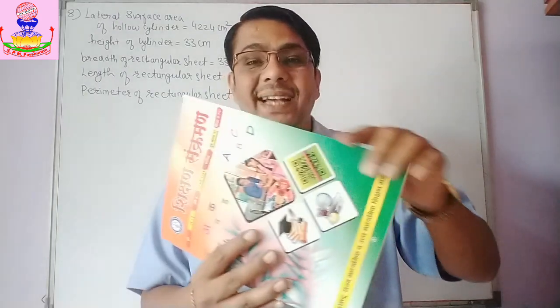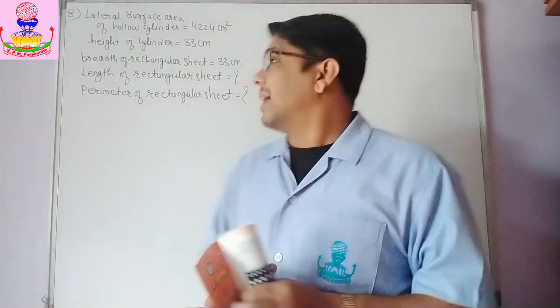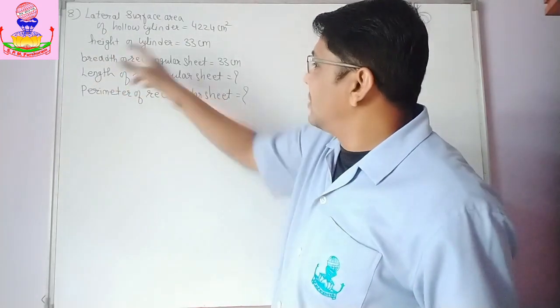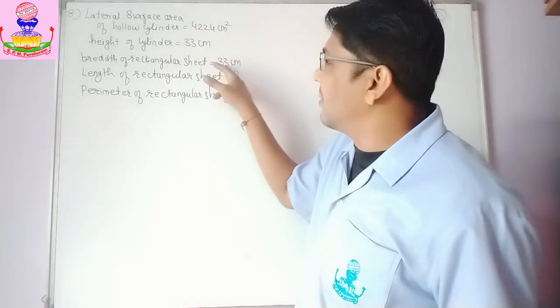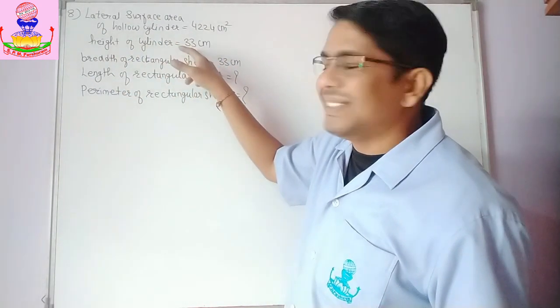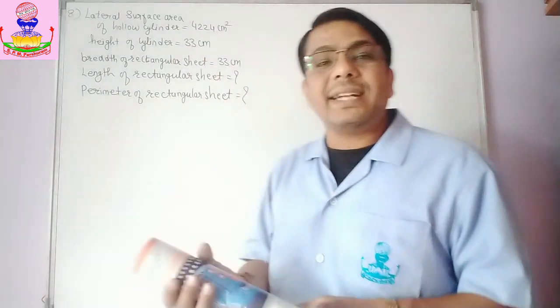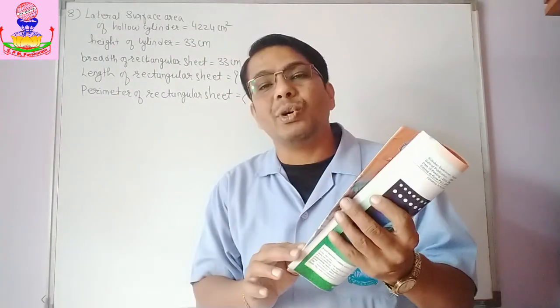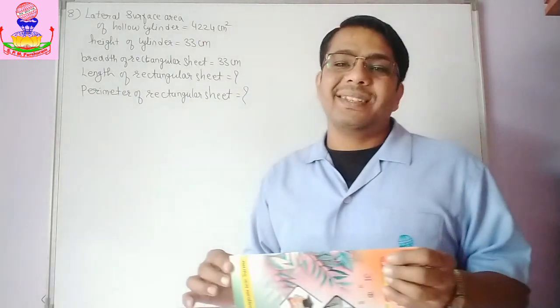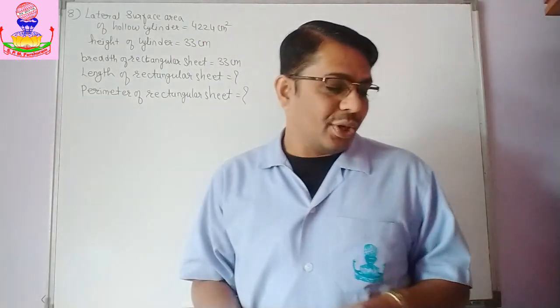The length becomes 2 pi r, and this height is the width of the rectangular sheet, that becomes the breadth. So here the breadth of the rectangular sheet is 33 centimeter, the height of the cylinder is 33 centimeter, because that height is equivalent to the width of the rectangular sheet.